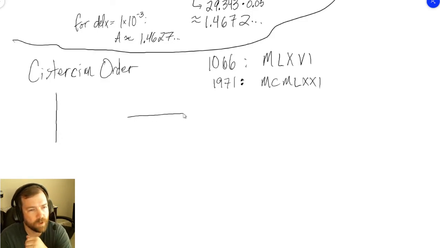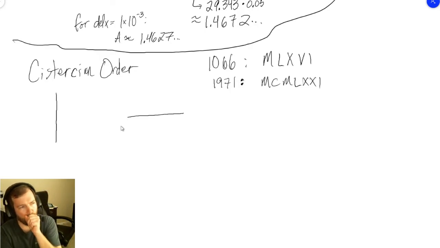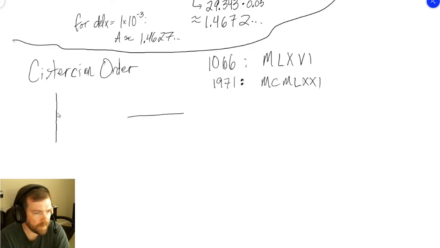Some of them are horizontal, and some of them are vertical, depending on who you ask, basically. But the idea here is that you would have simple numbers, and this covers all numbers from 0 to 9,999.